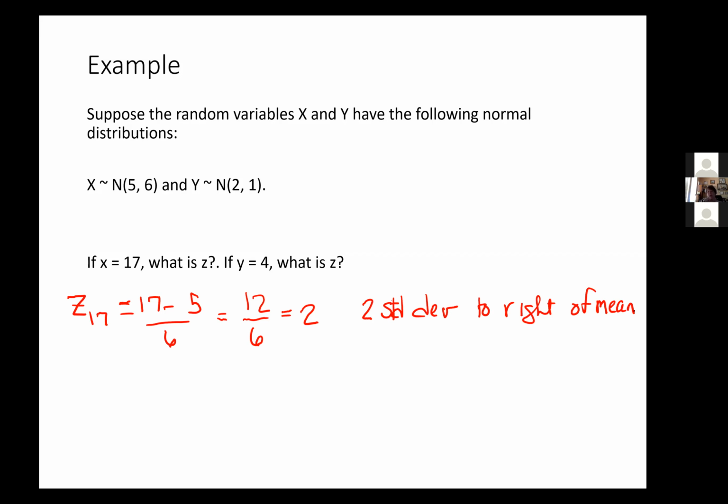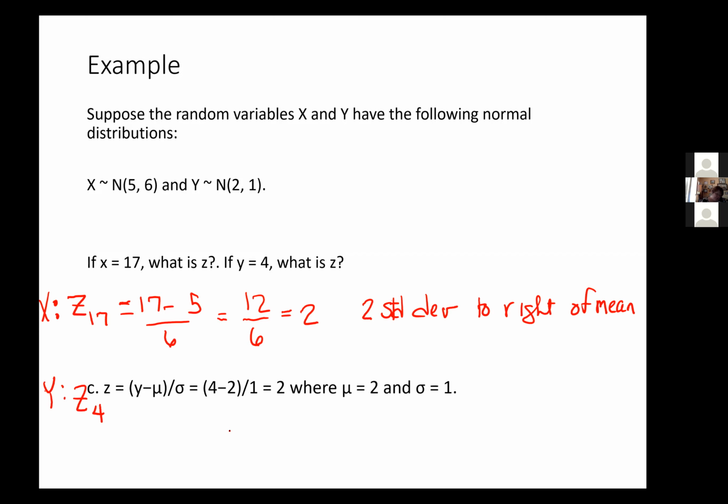Now let's look at the second normal distribution, the random variable y. Let's find the z-score for y equals 4. So this is x, this is y.